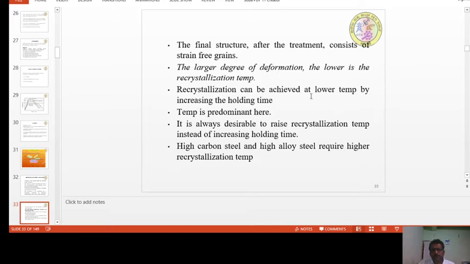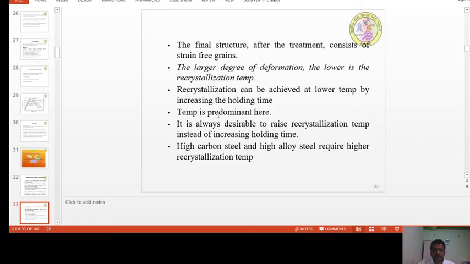Recrystallization can be achieved at a lower temperature by increasing the holding time. Generally, people will do the opposite. Why? Because in order to reduce the cycle time, they will increase the soaking temperature and decrease the soaking time. In this way they can decrease the cycle time.